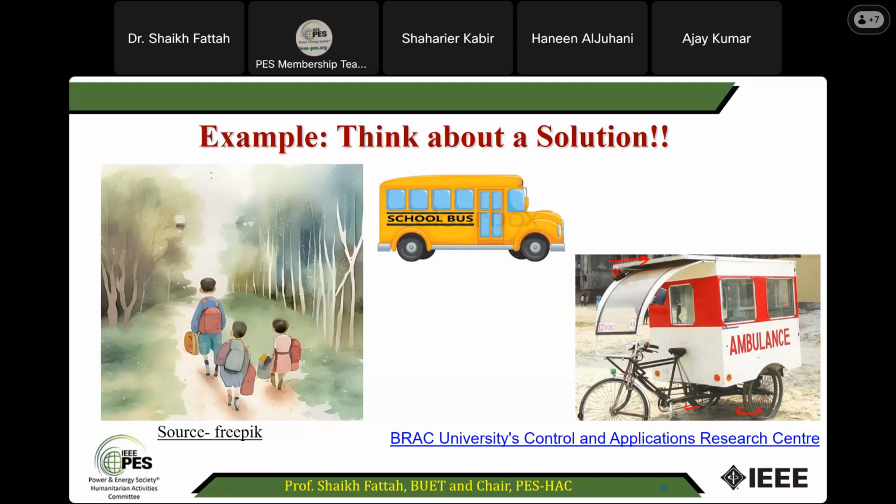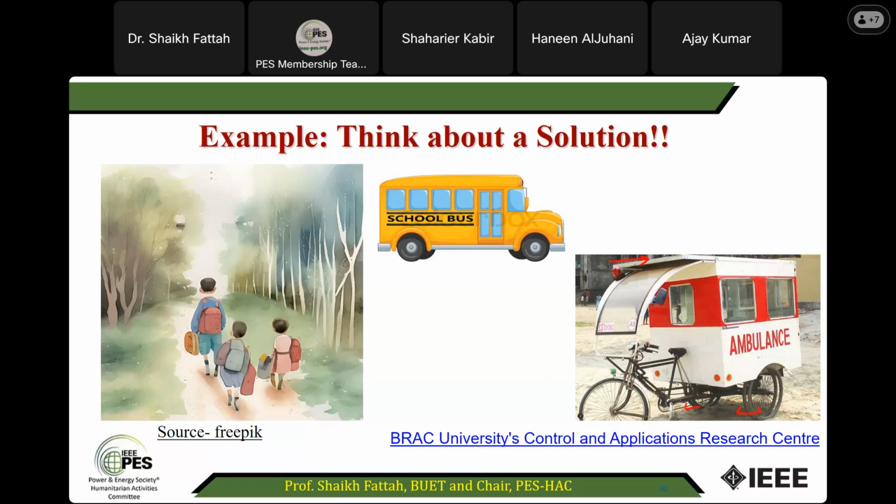It's a simple tri-wheeler, but people are more familiar with this type of tri-wheeler here. So why don't you make it more smart, and multi-purpose applications can be done with the same investment.